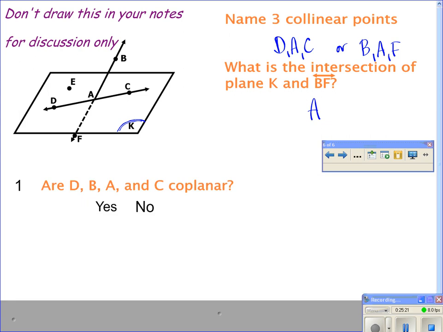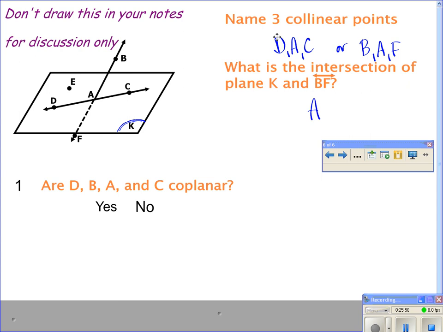Last question. This one is a brain stretcher. Okay? So really think about this. D, B, A, and C, which are right here, here, here, and on the tip of this pen. Are they coplanar? Agree or disagree? Yes or no?